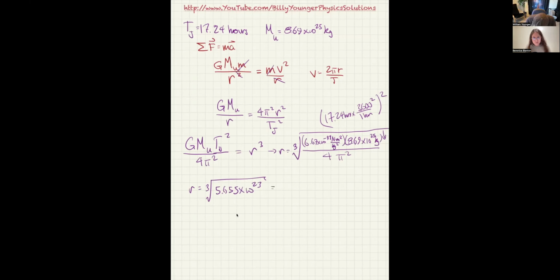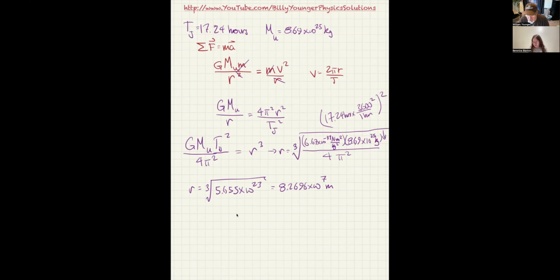So I get R is equal to 8.2696 times 10 to the 7th meters. And that's the actual radius of the orbit. That's the distance from the center of Uranus out.